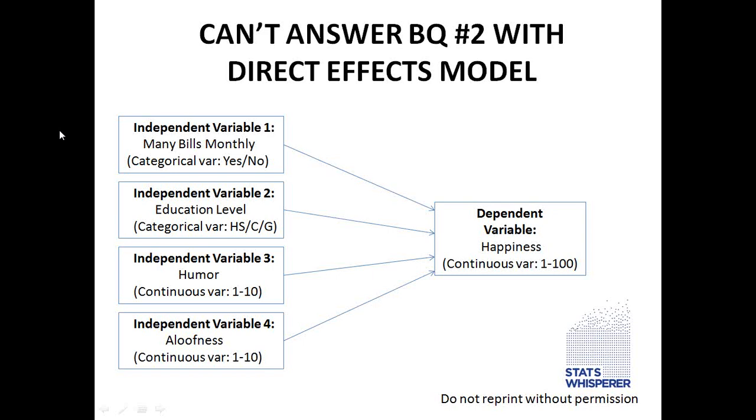And then down here, the third independent variable, humor, how does that relate to happiness? That's a direct effect. But you can't see how the people with no bills and high humor in this model, you can't see their level of happiness. So that's why you need interaction effects.